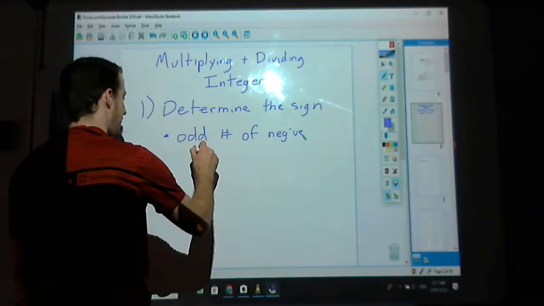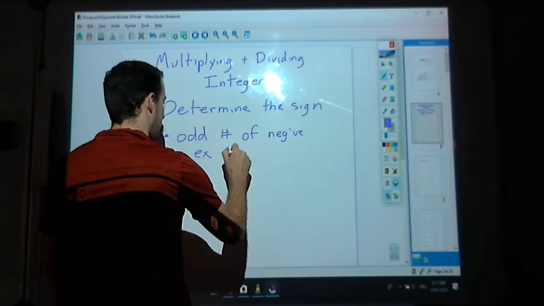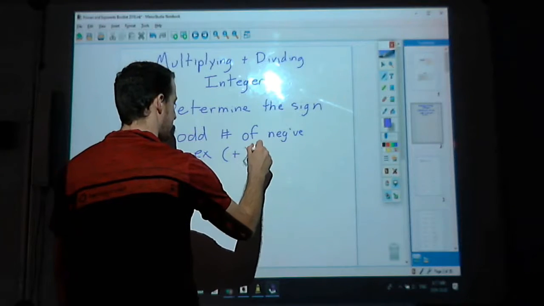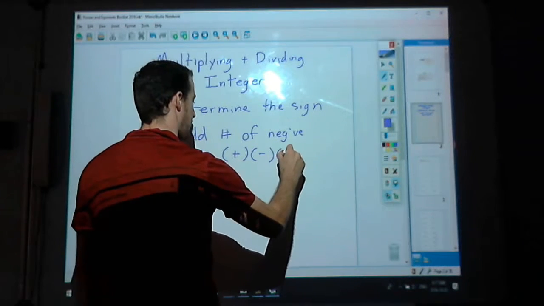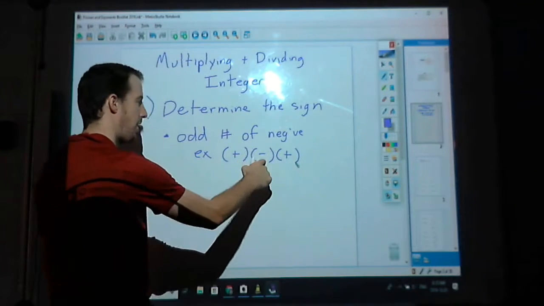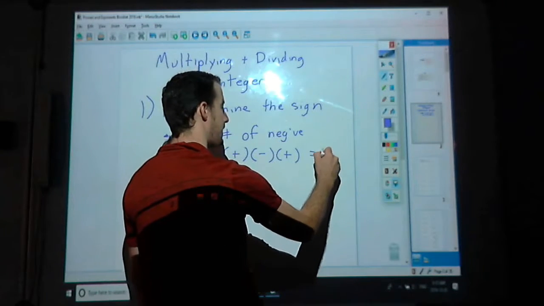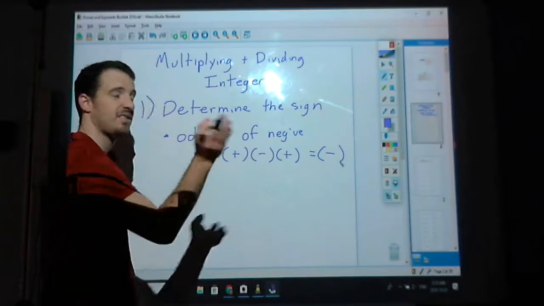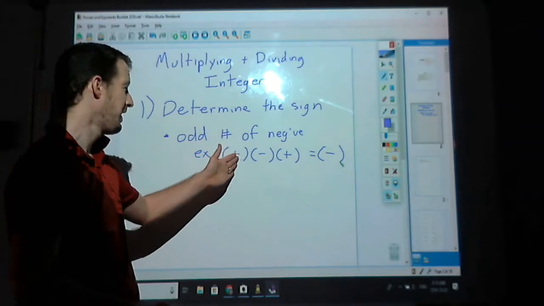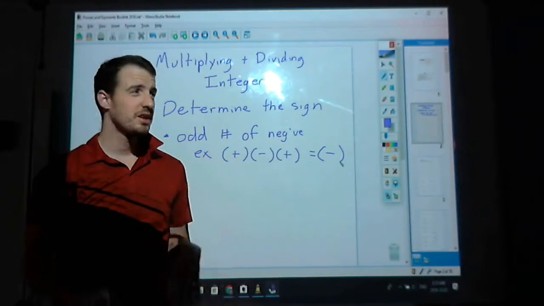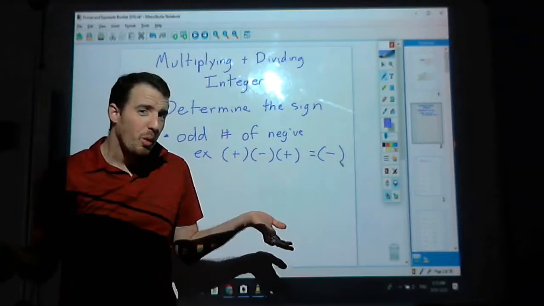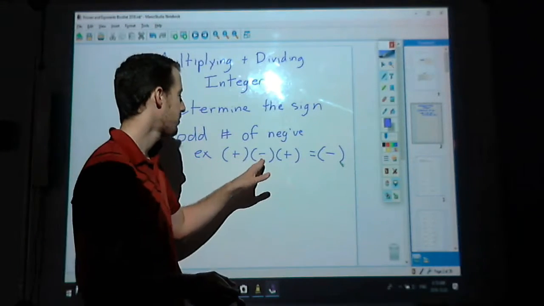So one example would be if we're multiplying a positive times a negative times a positive. There's an odd number of negatives, so our answer will be negative. Doesn't matter what the number is. Could be 100, could be 100 million, could be 0.00001, right? It doesn't matter as long as we're looking at the sign.